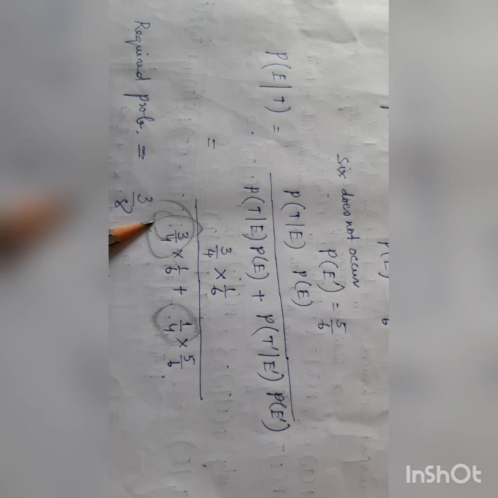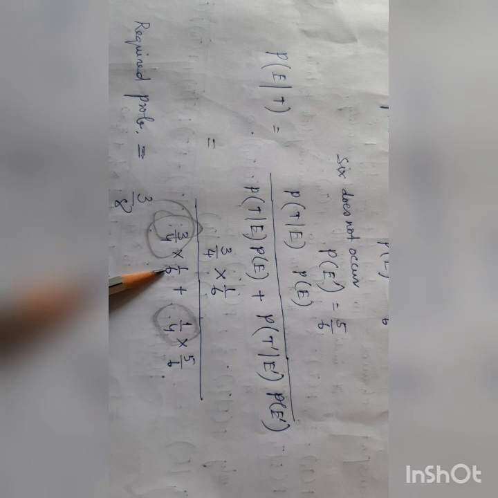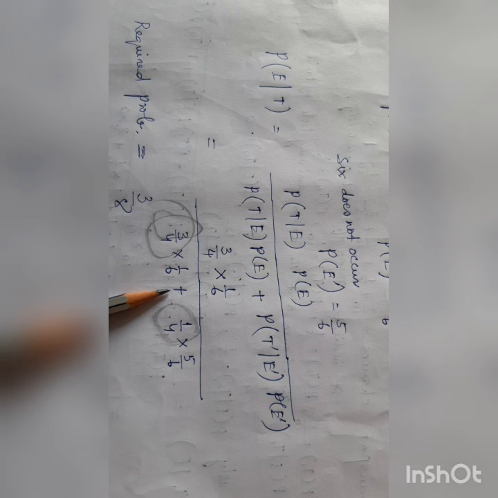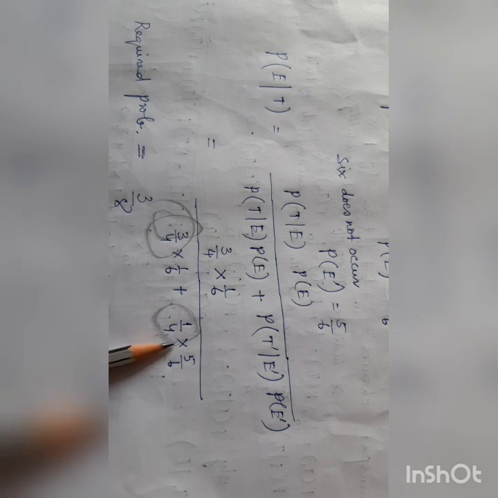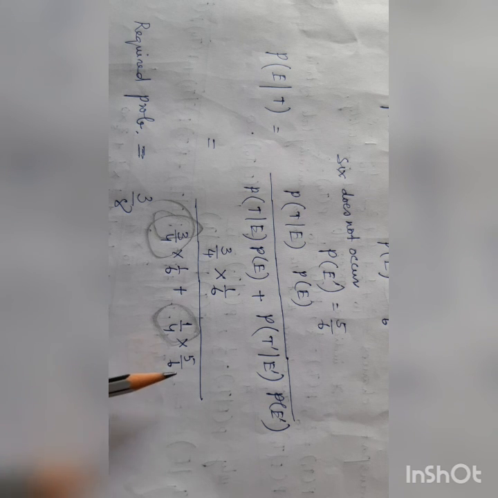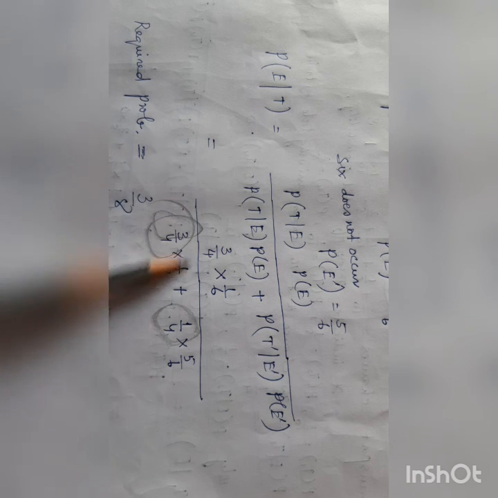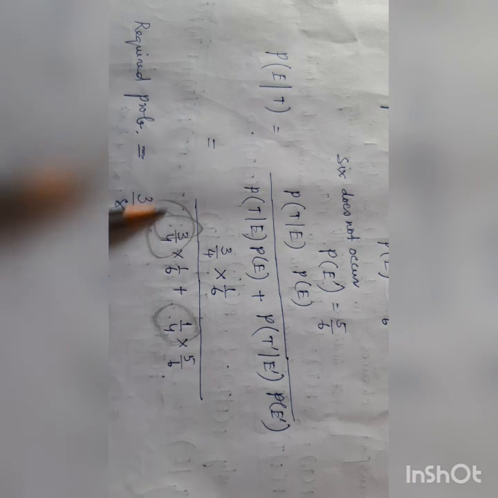This 1 by 6 is exactly number 6 comes up into truth probability, or else false probability, does not speak truth, into 6 has not come up. Other numbers have come up. That is 5 by 6. False into 5 by 6 probability. So this is total probability we keep in Bayes.